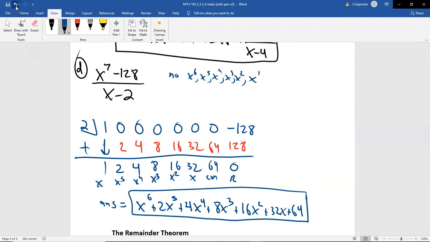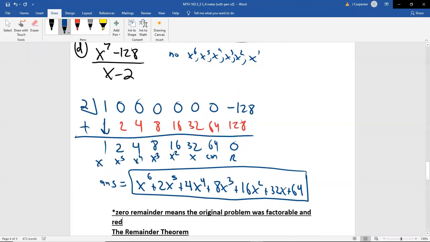As we discussed at the beginning of this section where we had a long division problem with a 0 remainder, whenever your remainder is 0, that means that the original problem was factorable and reducible. So this is just a reminder. 0 remainder, the original factorable and reducible.